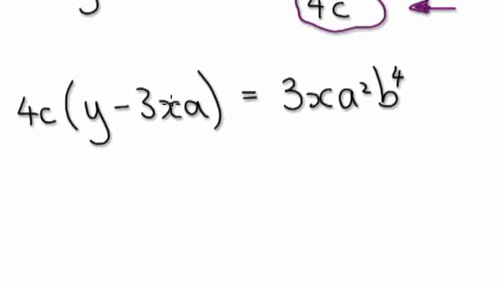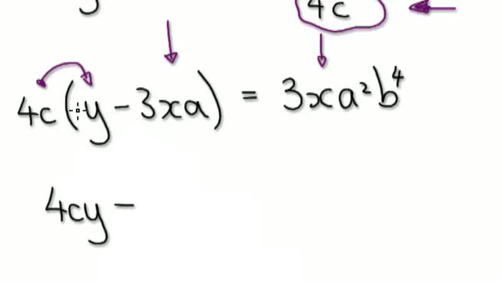Okay, and now always keep an eye on x. X is here and x is here. So let's break this bubble up. So this times this would be 4cy minus this times this. So it will be 12acx.